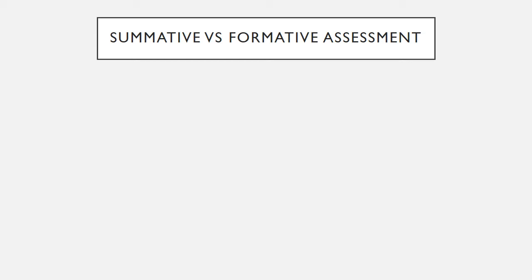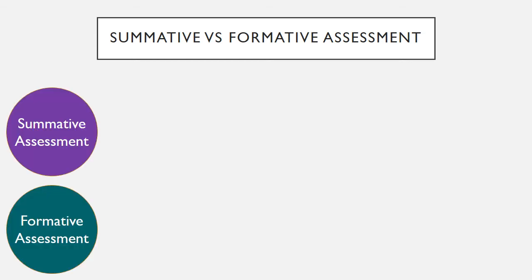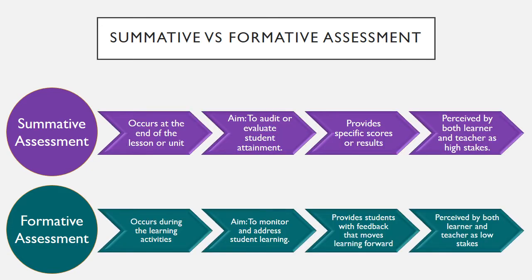Now, there are two main forms of assessment: summative assessment and formative assessment. And I wanted to look at these and compare these in this section. So, summative assessment, what is it? Well, it occurs at the end of the lesson, whereas formative assessment occurs during the learning activities. Summative assessment's aim is to audit or evaluate student attainment, whereas the aim of formative assessment is to monitor and address student learning.